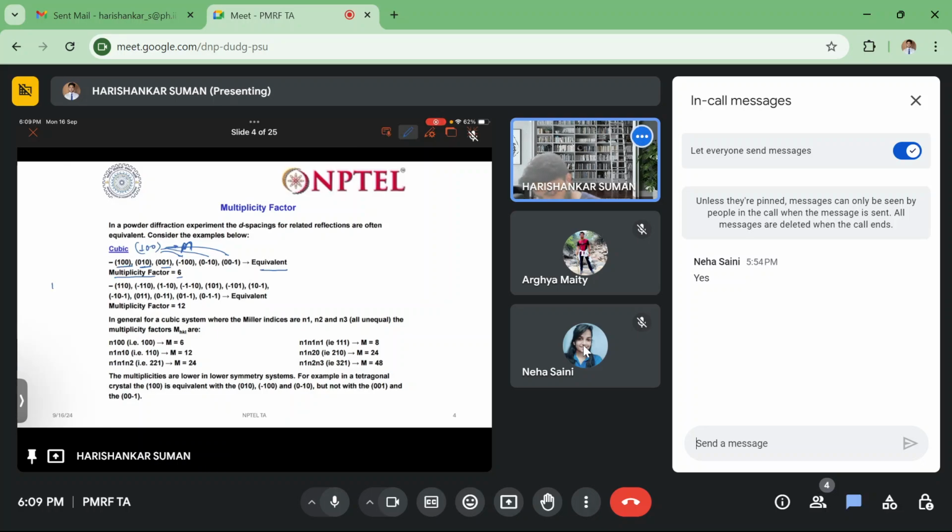Similarly 110 is 12, and so on for 111, 211; these are the multiplicities. The multiplicity is lower in lower symmetry systems. For example, in a tetragonal crystal, some are equivalent but not these and these.